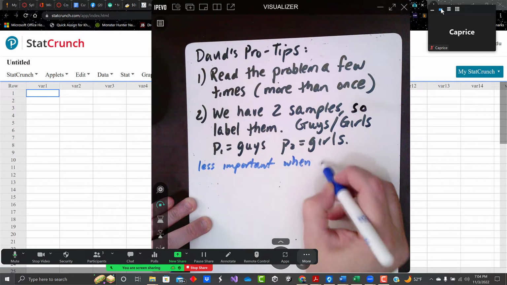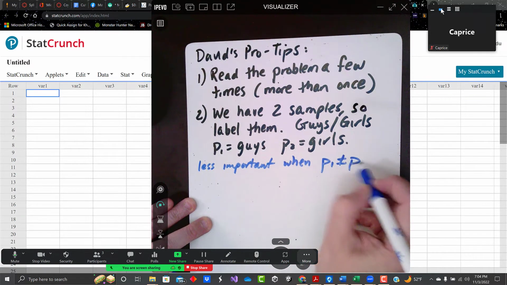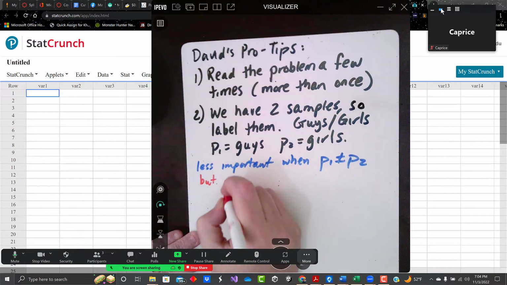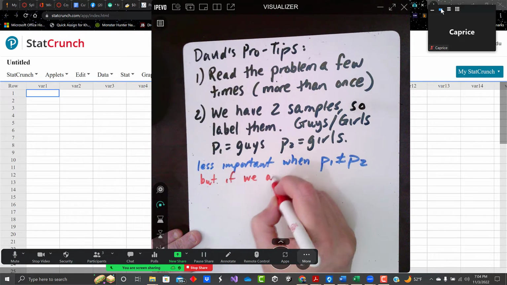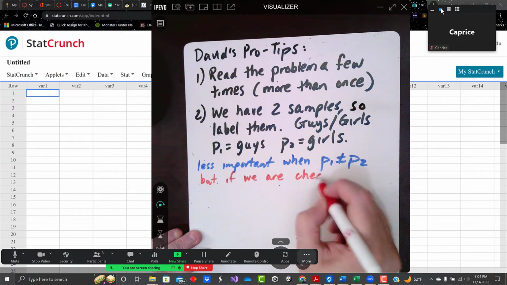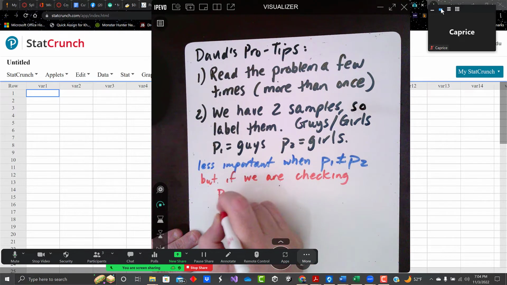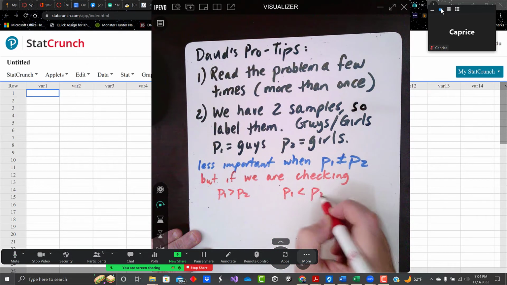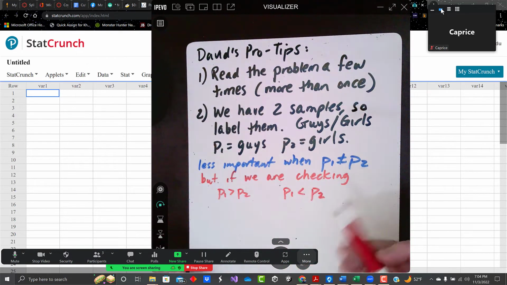But if we are checking P1 greater than P2 or P1 less than P2, like guys do something more than girls, or vice versa, girls like something more than guys, we need to have these in the right order.